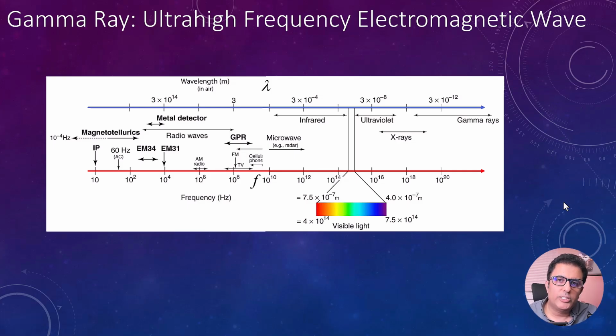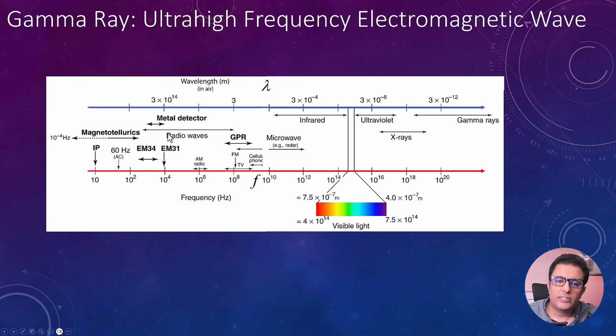You may ask the question, what is gamma ray? Gamma ray is indeed an electromagnetic wave. What you see here shows the electromagnetic wave spectra for a variety of electromagnetic waves that we deal with in nature. For example, as you see here, magnetotelluric is a kind of low frequency electromagnetic wave that we may find in nature, and in geophysics we use them in order to study deep formations.